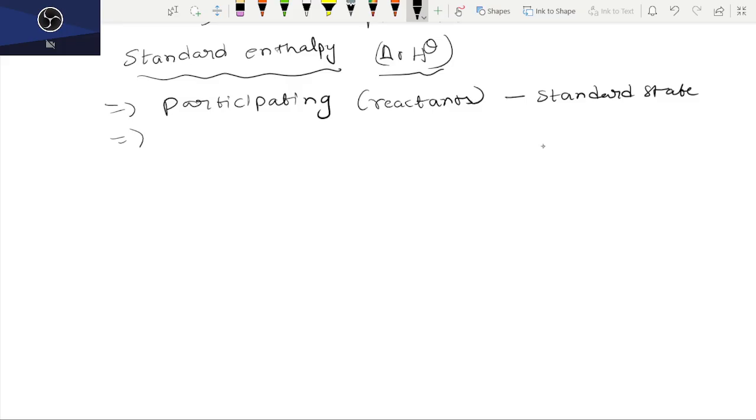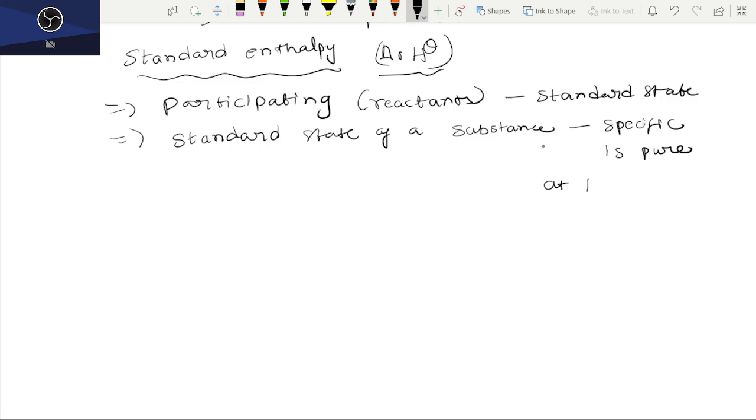The standard state of a substance at a specific temperature is its pure form at 1 atmospheric bar pressure, or 1 bar pressure.